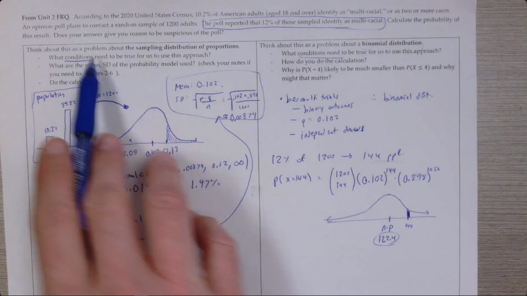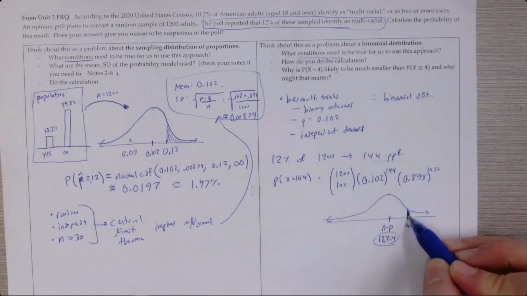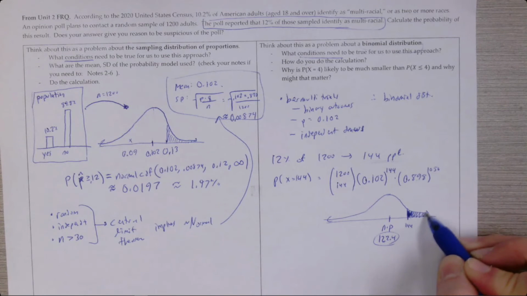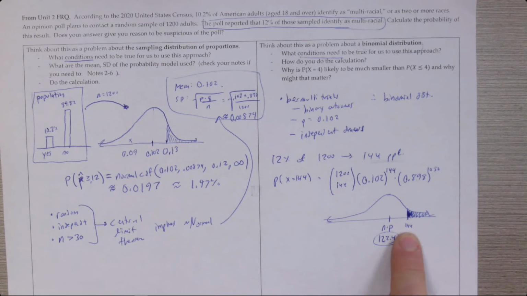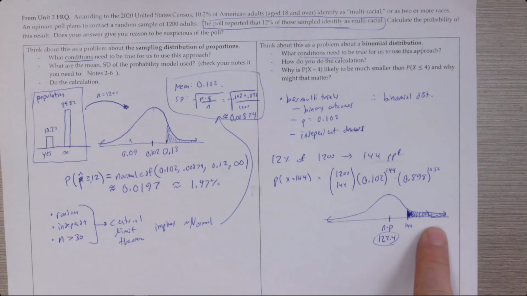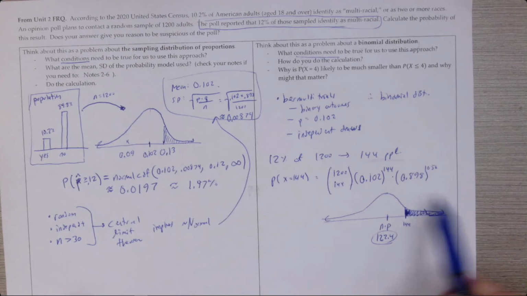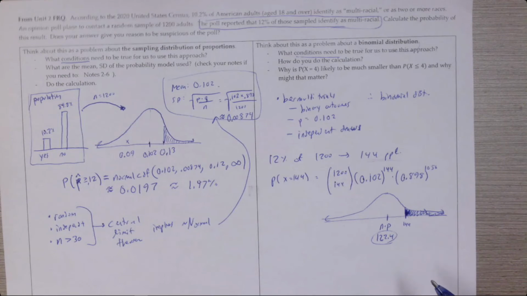So when we're deciding if we have reason to be suspicious of the poll, we actually need the probability of the outcome that seemed like an extreme outcome, or anything that would be more extreme than that. Because all of these together are situations that would have caused us to pause and ask, is something unusual happening? And so we want to know the probability that any of those unusual situations would happen.